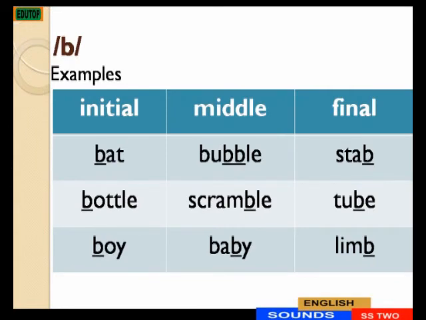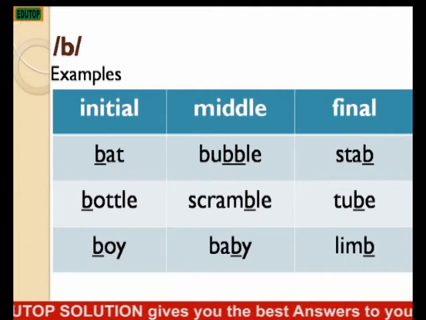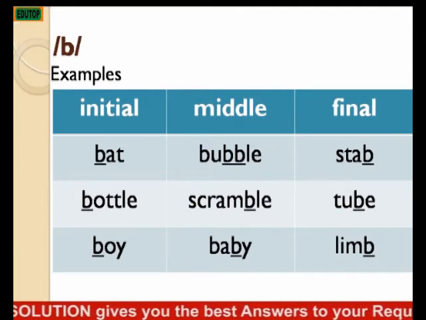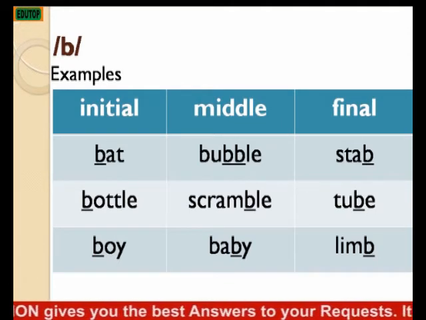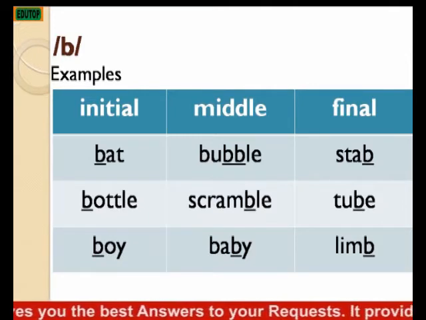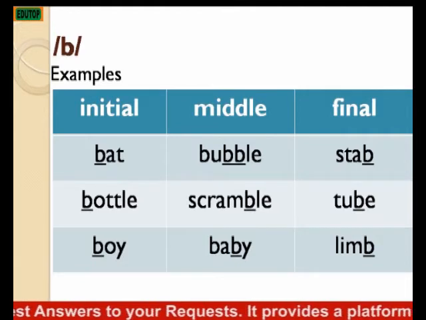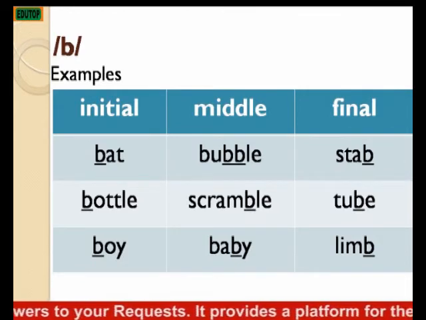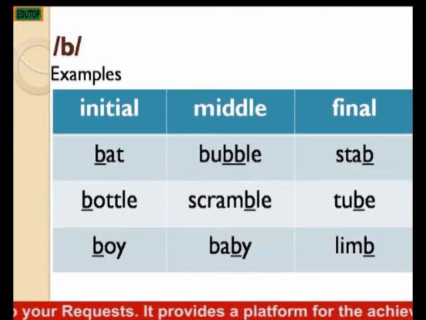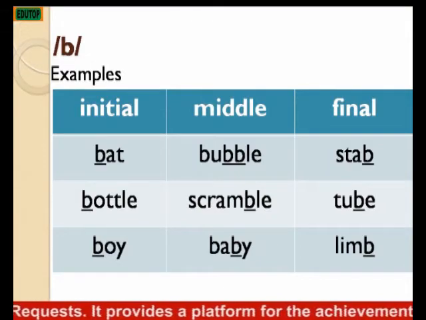Examples include bat, bottle, boy. Those are words that have the sound at the initial stage. Let's check words that have it in the middle position. We have bubble, scramble, baby. At the final position, we have stab, tube, and tub.